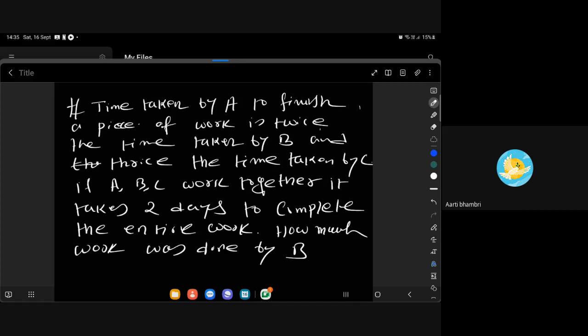To complete this work, A takes double the time of B and triple the time of C. If all of them work together, it takes only 2 days to complete the entire work. How much work was done by B? Means how many days was taken by B? 2 days, 3 days, 5 days, 4 days, 6 days.